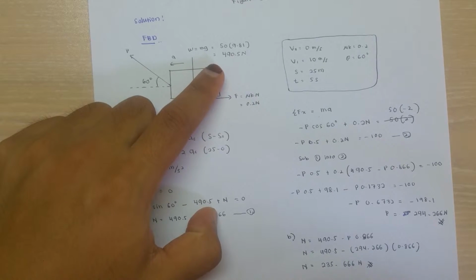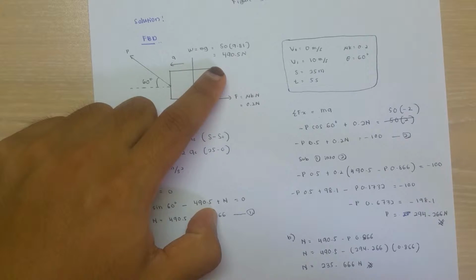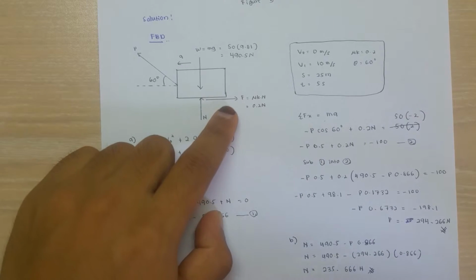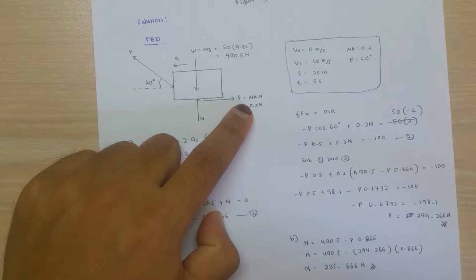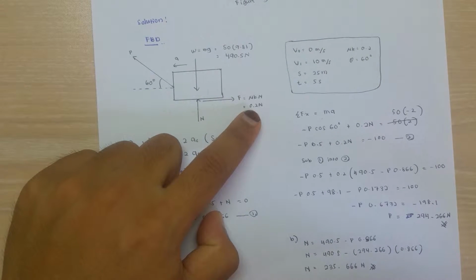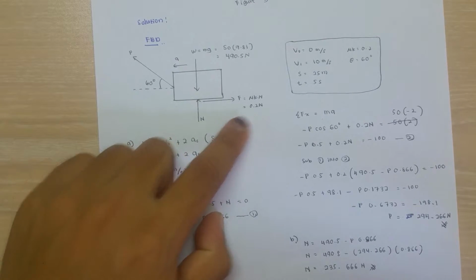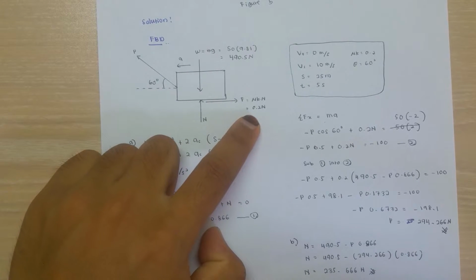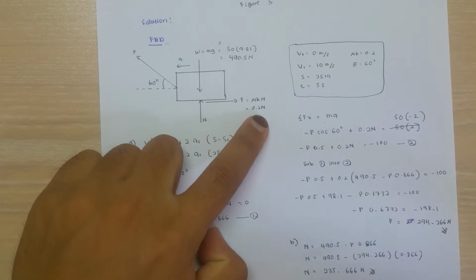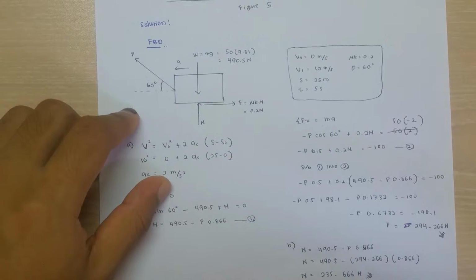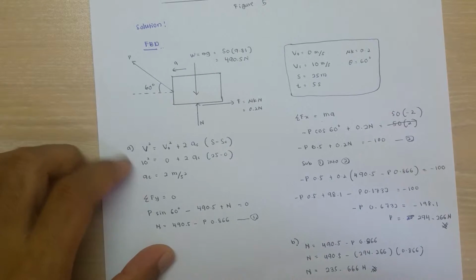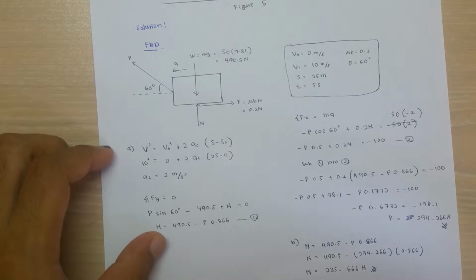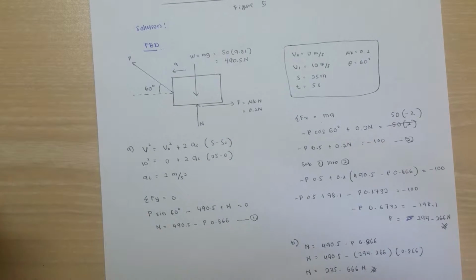50 times 9.81, and we get 490.5 Newton. And this is the friction force equal to μk times N, where N is the normal reaction, so it is 0.2 N. And then we have the acceleration, which is acting toward the left because the box is pulled to the left.